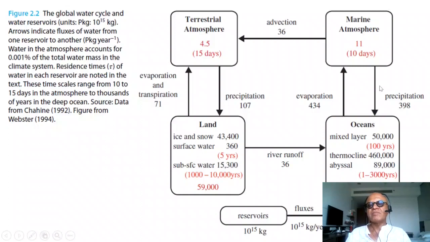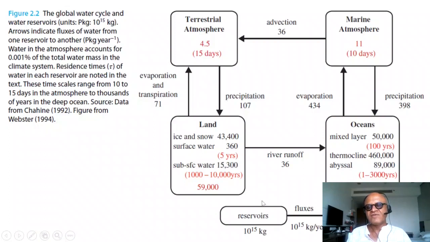A lot of it falls back on the ocean itself as rainfall, obviously, but this amount that's coming off as runoff is balanced by the advection of water vapor from the marine atmosphere onto the terrestrial atmosphere. So that's the excess rain that the terrestrial atmosphere receives.